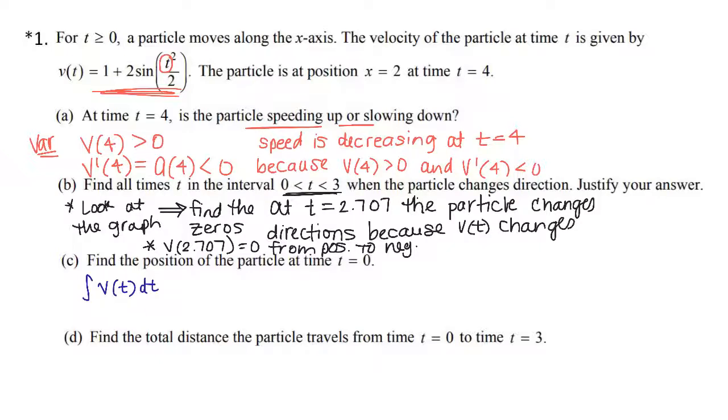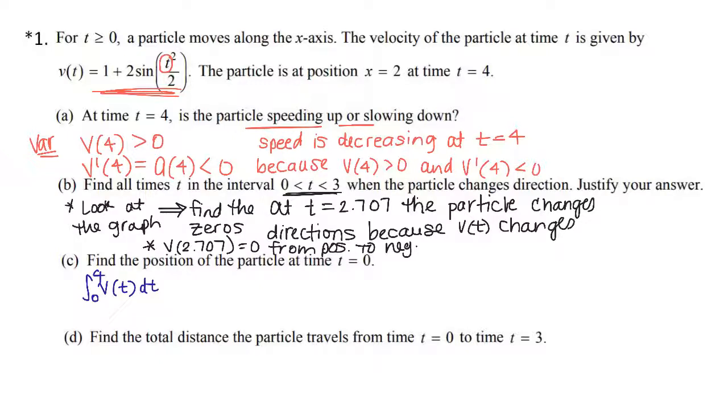Okay, well, I need some endpoints because I can't just blindly do the integral of velocity. We've got to have endpoints. What are we looking for the position at? At t equals 0. Well, do I know any other information about position? Right, look at the problem. We know the particle is at position 2 when t is 4. So if we integrate from 0 to 4, then we know we got something going on about our position, right?